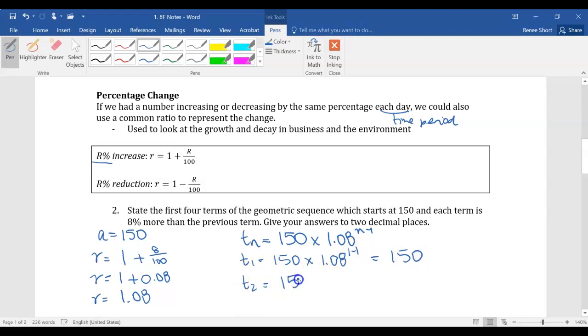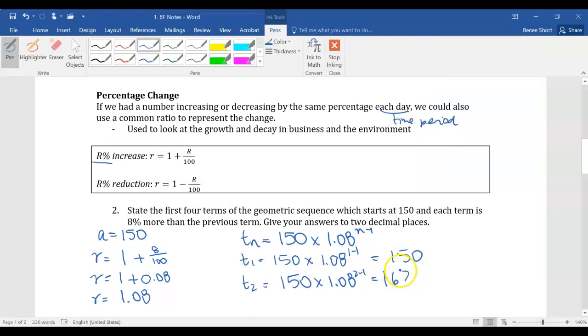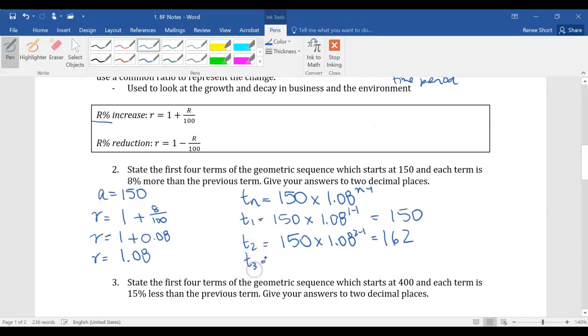T2 is 150 times 1.08 to the power of 2 minus 1, which I can put in my calculator and get 162. Then T3 is 150 times 1.08 to the power of 3 minus 1, and T4 is 150 times 1.08 to the power of 4 minus 1.